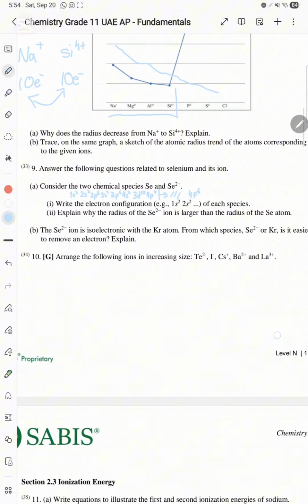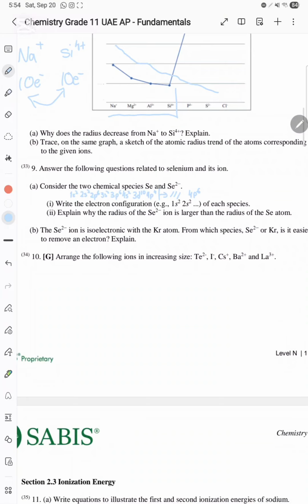But why is it easier to take electrons from selenide than krypton? It's easier because both electrons are going to be removed from the 4p orbital. But the selenide's nuclear charge is +34, where krypton's is +36. Since krypton has a higher nuclear charge, it's going to attract its electrons more strongly than selenide does.